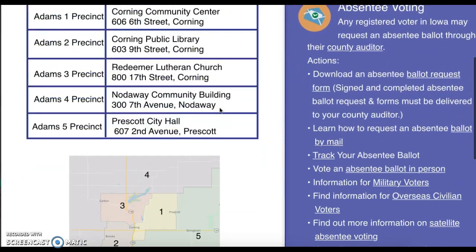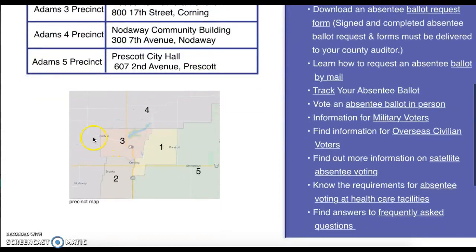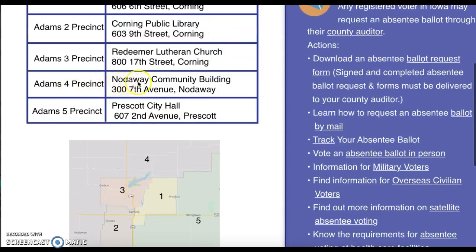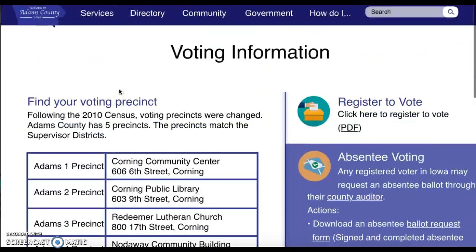So basically all you have to do to find your precinct and to know where to go to vote is you look down at this map and you try and pinpoint where you live. And so say you live off of the street here, you know you're going to be in precinct 4, so then you can look here and know exactly what building and the address is where you can go and vote.